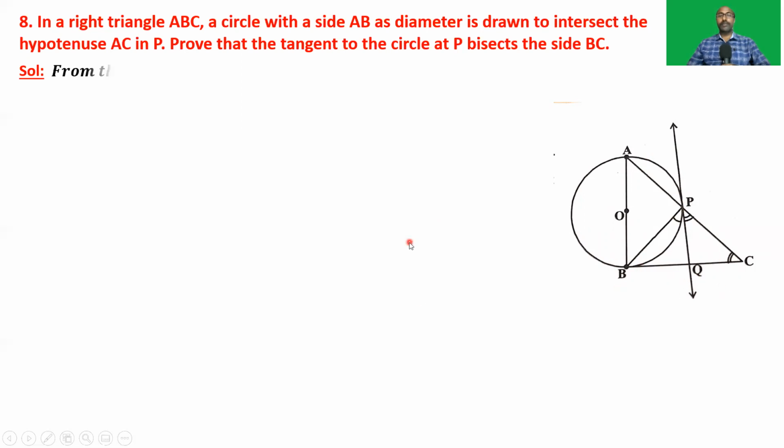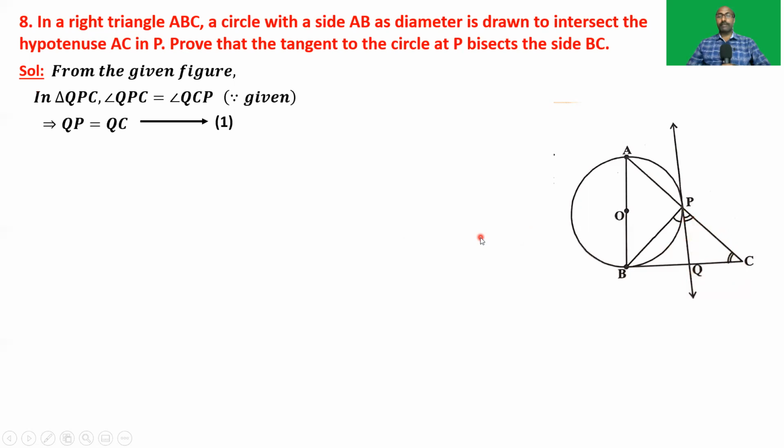From this given figure, in this triangle, it is given that angle QPC and angle QCP are equal. As these two angles are equal, the sides opposite to equal angles are also equal. So we have QP equal to QC.